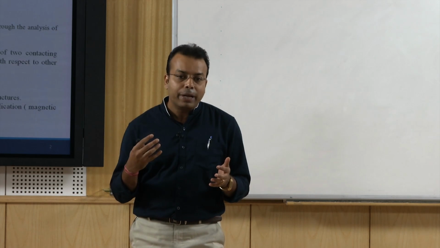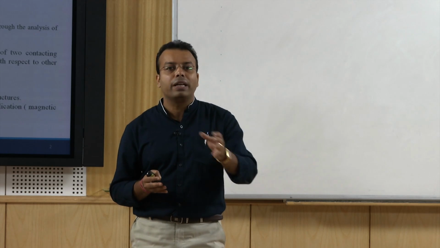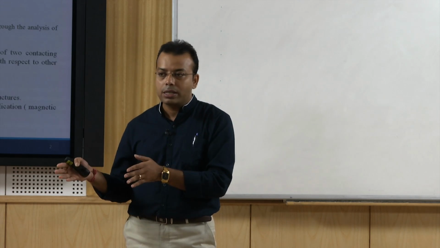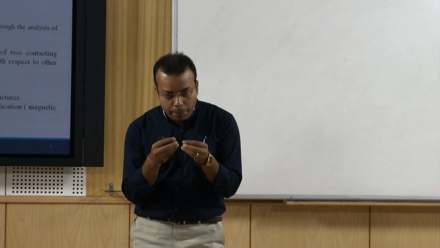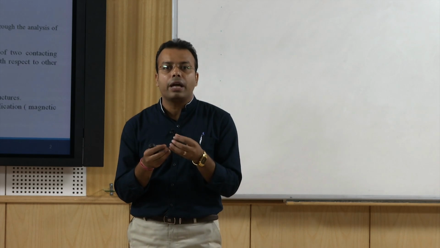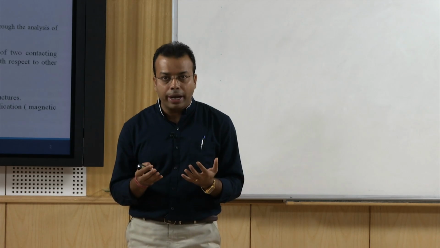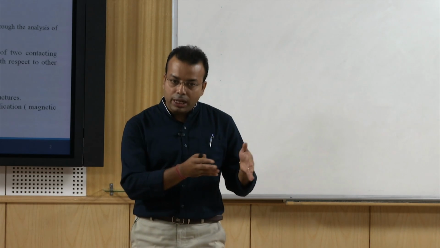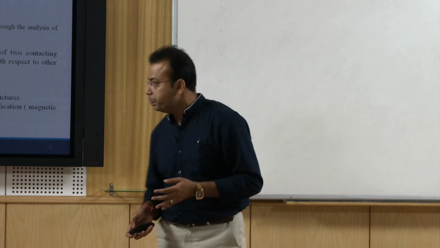Nano refers to materials with a size of 10 to the power minus 9 meter. When these small particles come into contact, there is some kind of friction or wear. The tribology dealing with that is called nanotribology.